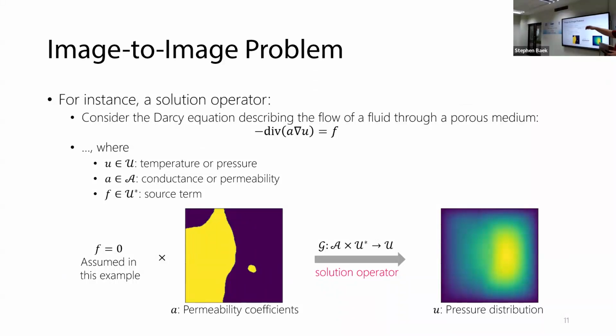Okay, to help you connect the dots a little better, here's a physics problem that can be considered as an image-to-image problem. Darcy flow is the flow of water, basically, or some fluid, inside of a porous medium.